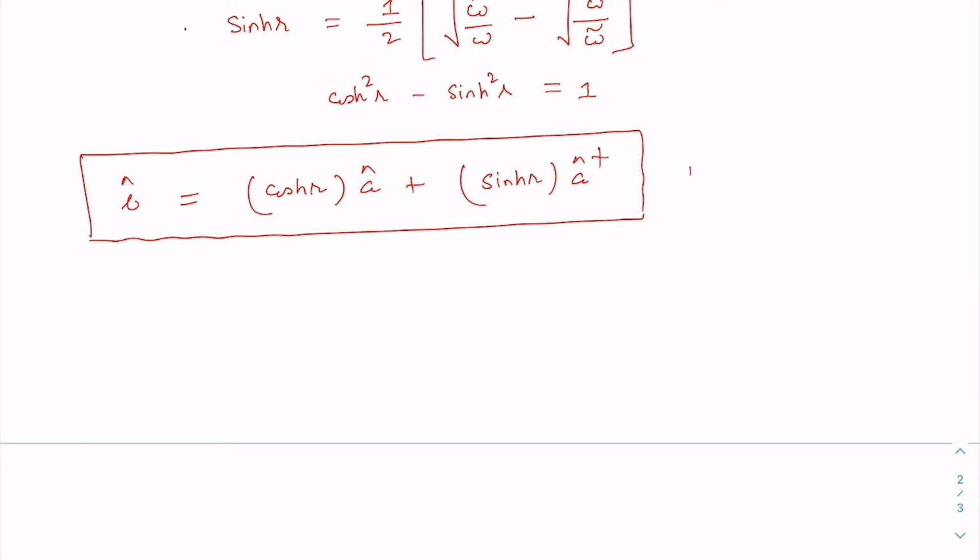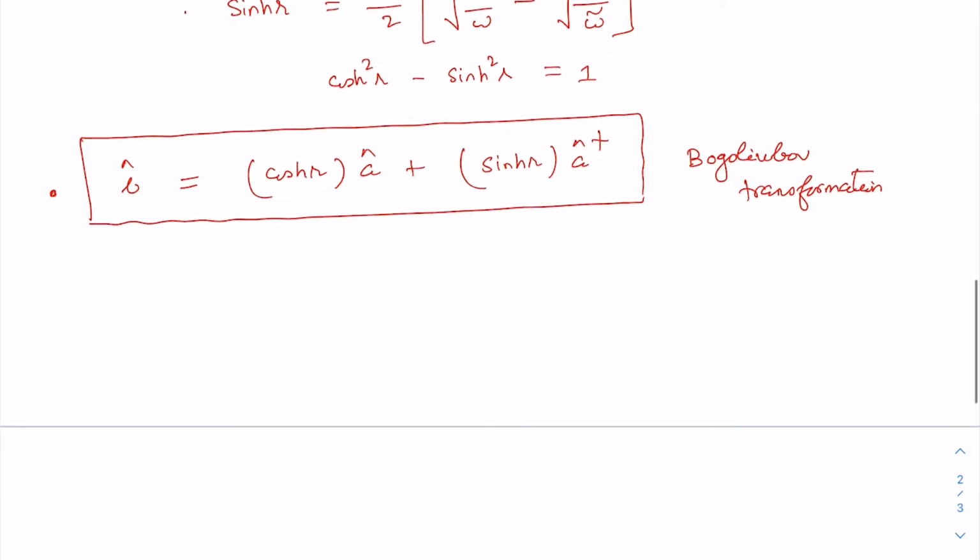And this transformation is actually known as the Bogoliubov transformation. I am going to build up everything around it, so that's why I have introduced it this way, and you will see the meaning.